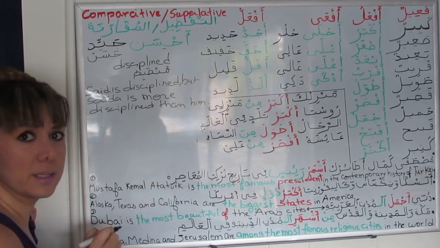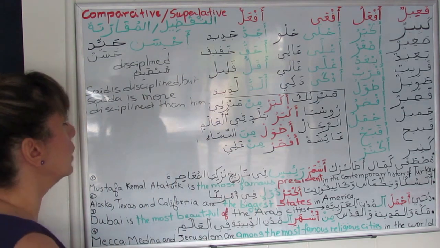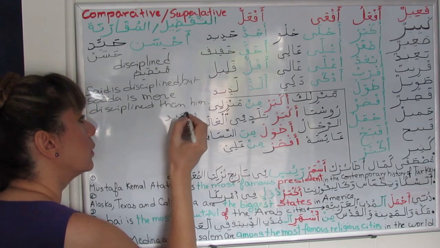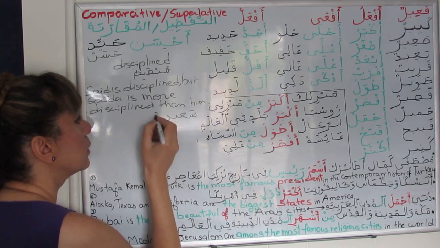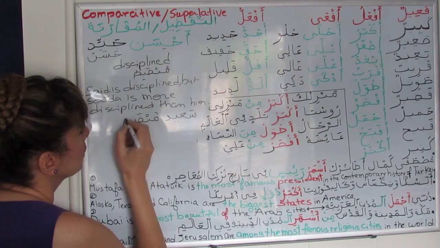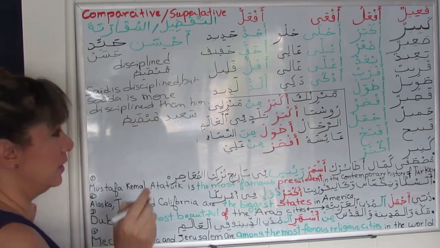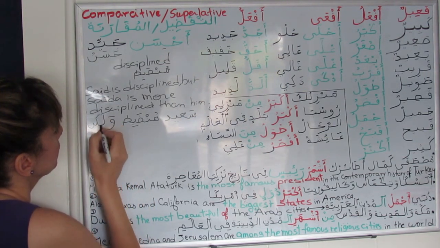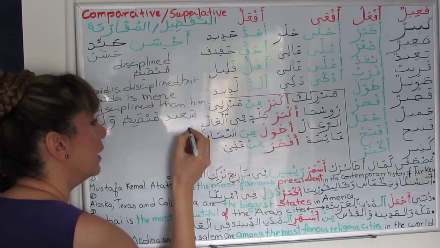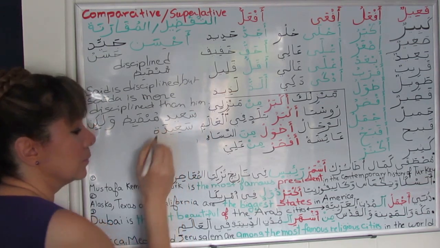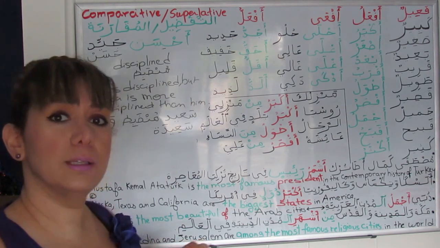So how do we translate this? Saeed is disciplined. Saeed منضبط. ولكن سعيدة more disciplined.